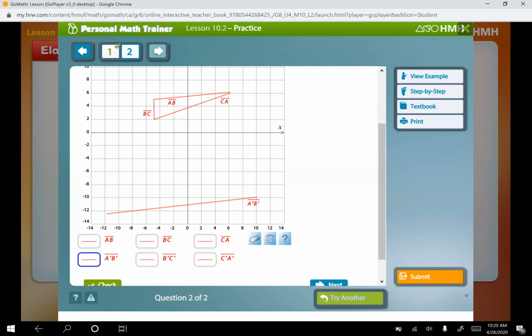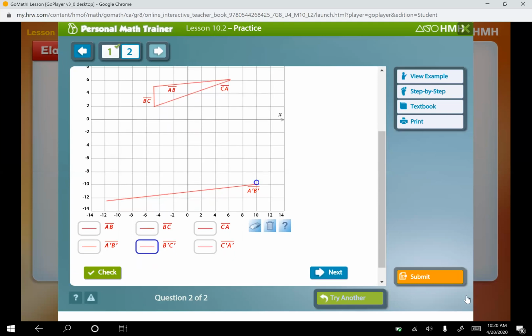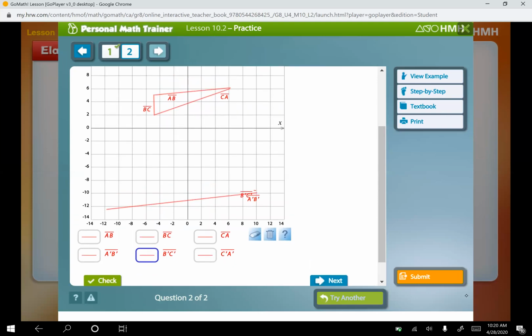So BC goes from 10 to negative 4. And then I'm going to connect the first one to the last one.